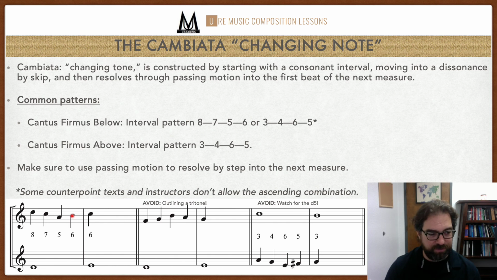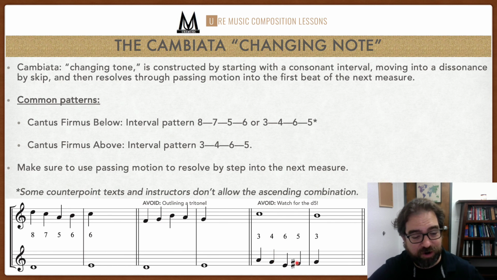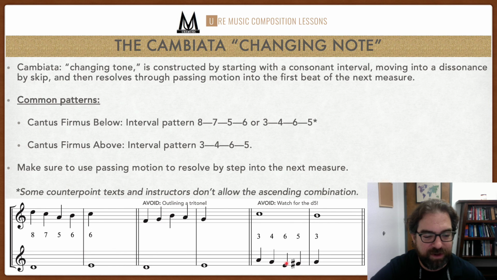You've got your 8, then your 7, your 5, 6, and the resolution. So what's really happening is this C is resolving to B with an ornamentation here. The G is resolving to A with an ornamentation here. The G is resolving, in this case, to an F sharp with this ornamentation here.